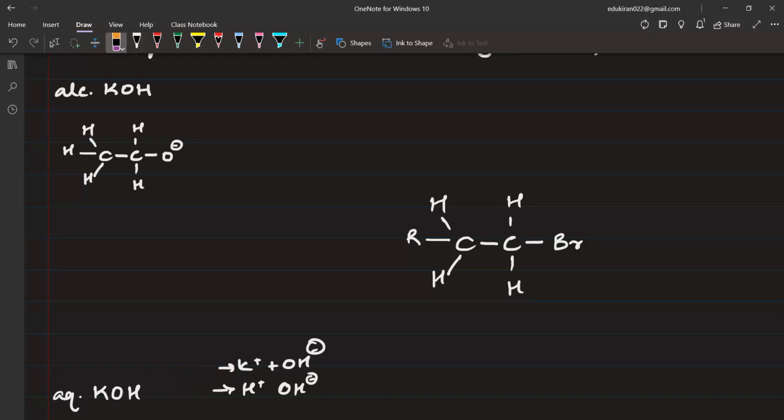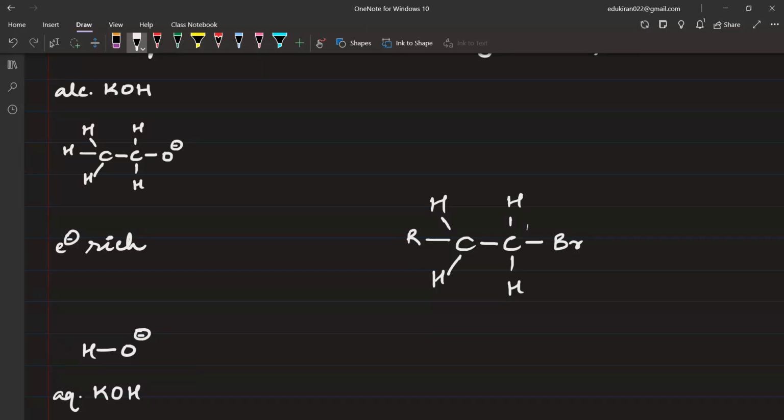So from aqueous KOH, we have OH negative, the hydroxide. If you want the complete structure, it's going to be like this: H, O, and O with a negative charge. Please understand, both of these are electron rich species.